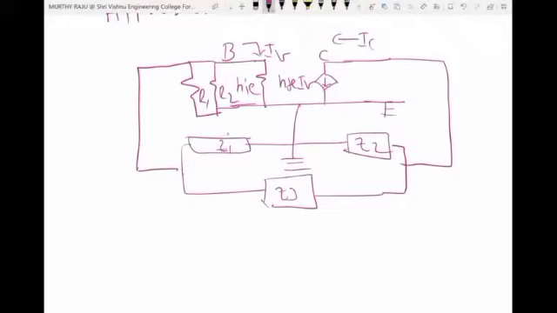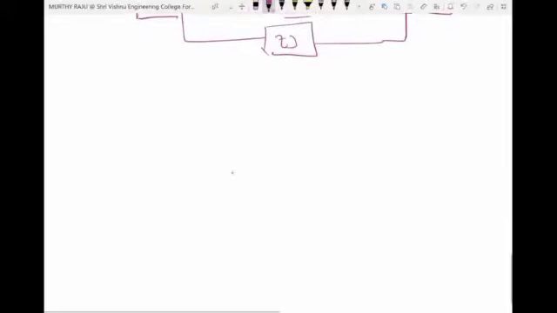R equivalent is equal to R1 parallel to R2 parallel to HIE, which is approximately equal to HIE. The final equivalent model here is HIE.